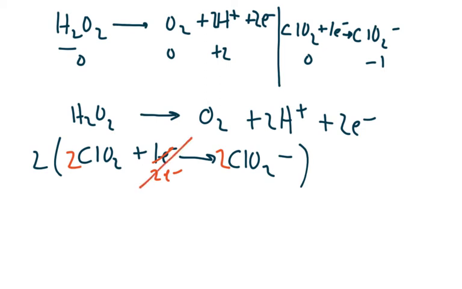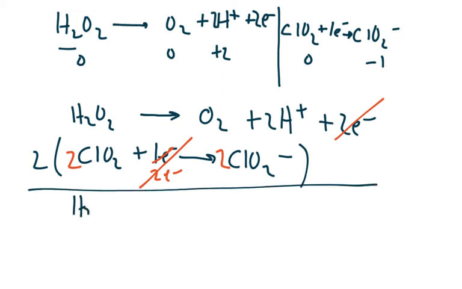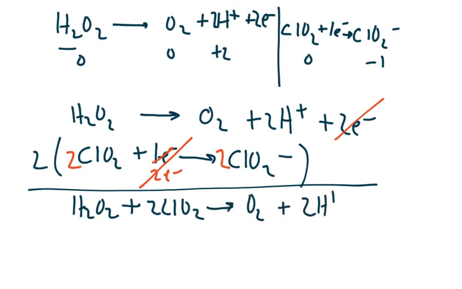And that will allow the electron numbers to cancel out. Now, when we bring this back together, you're going to get H2O2 plus 2ClO2 here. On the other side, you're going to have your 2 oxygens, your 2 hydrogen ions, and your 2 ClO2 negatives. Okay? And nothing cancels out here. Now, this would be the answer under acidic conditions.